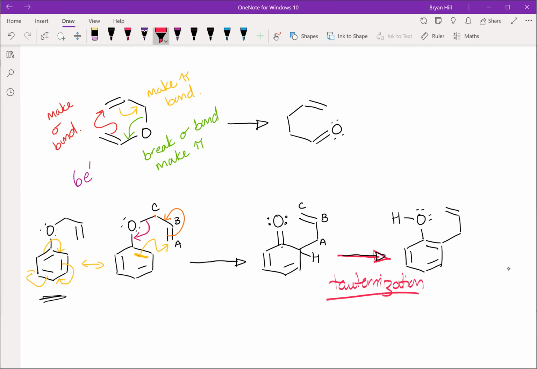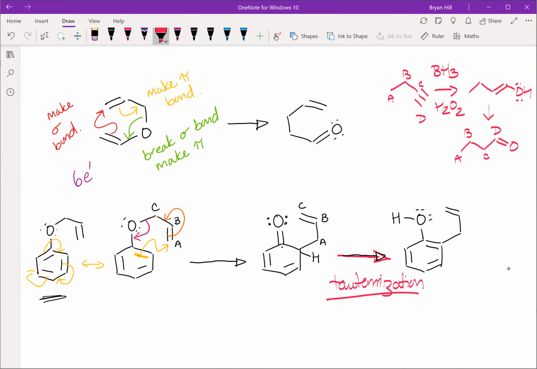And this is the one example, if you think back to when we were doing the hydroboration reaction on a triple bond, and this quickly tautomerized to the keto form. 1, 2, 3, 4, yeah, A, B, C, D.